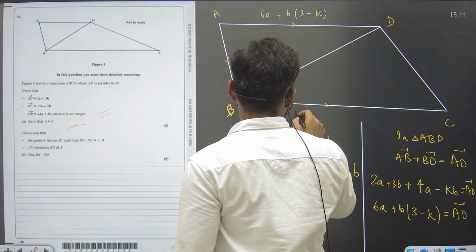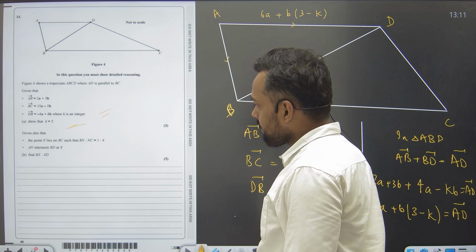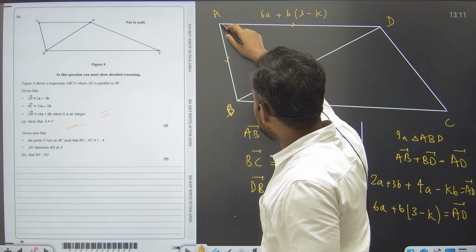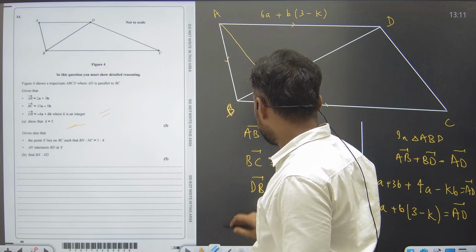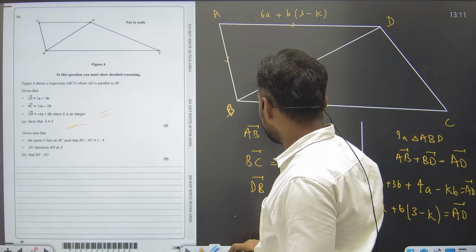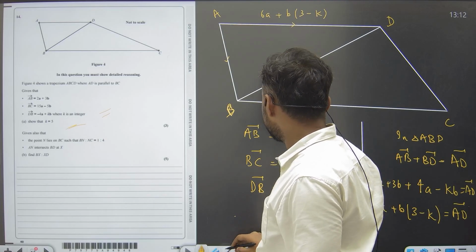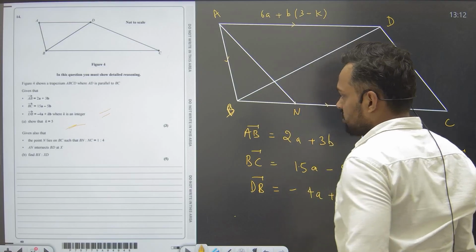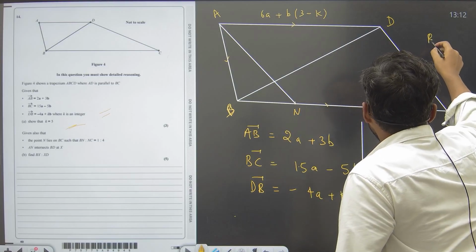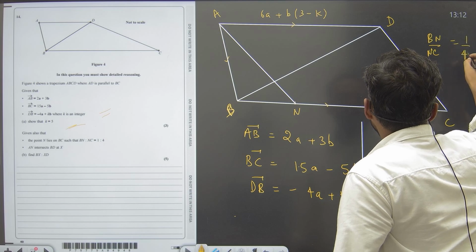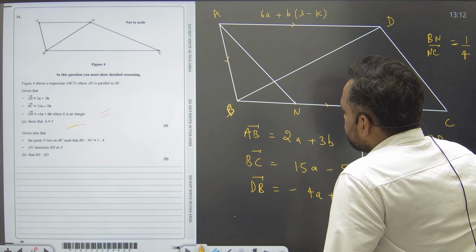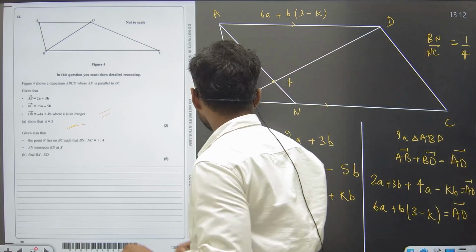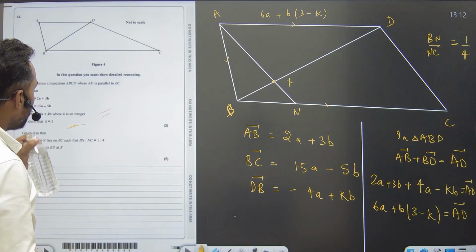Let's say this is the N point, and it lies on BC such that BN by NC has the ratio 1 by 4, and AN intersects BD at X. This is the point X. Find the ratio BX by XD.